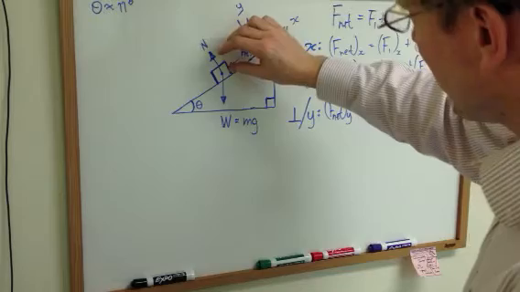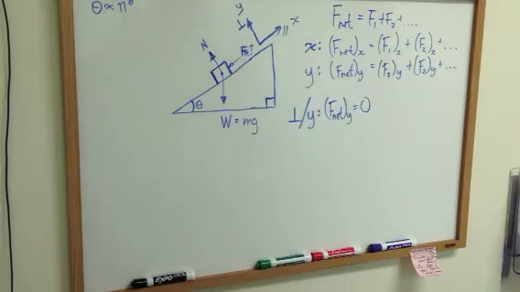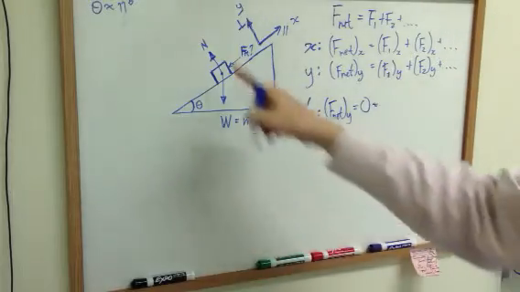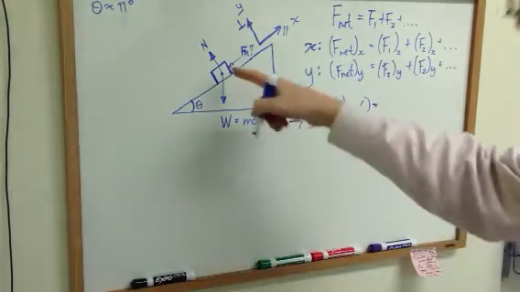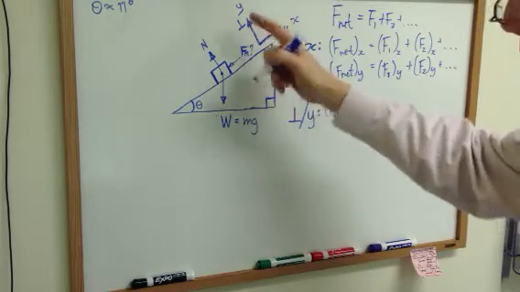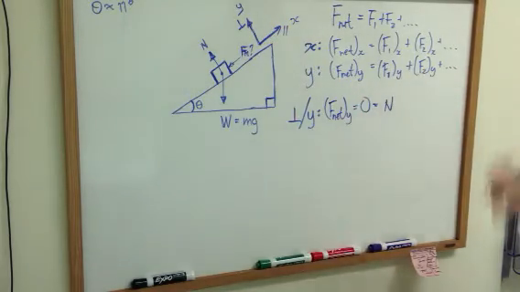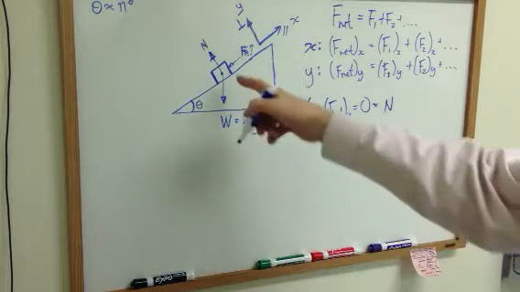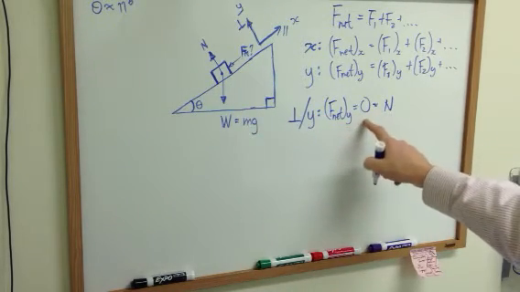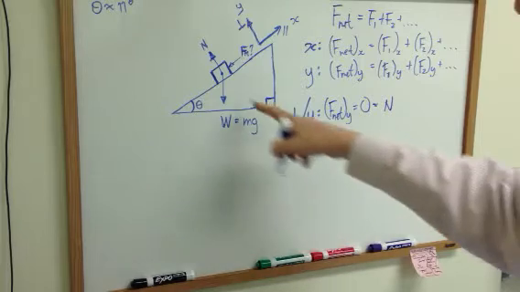Because it's not accelerating upwards, nor is it accelerating downwards, so it must be equal to 0. So what are the forces in that perpendicular direction? Well, certainly n is there, and it's pointed in the positive direction relative to my axis, so I'm going to put n. And is there a force that has to balance it, because it's not accelerating? So what is that something?